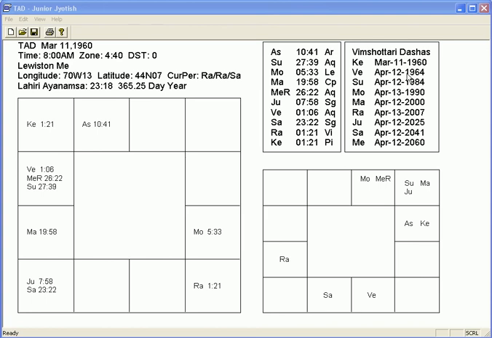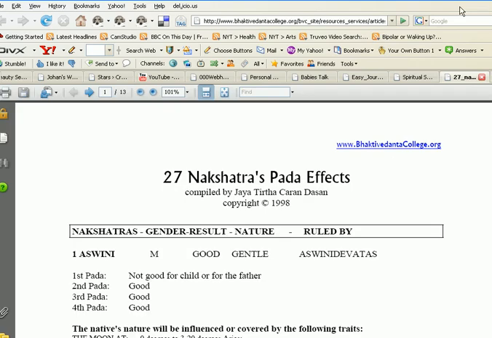Another reason why I put this at 8 o'clock in the morning is because it also puts the moon at 5 degrees and 33 seconds, which is in the second pada of Leo.